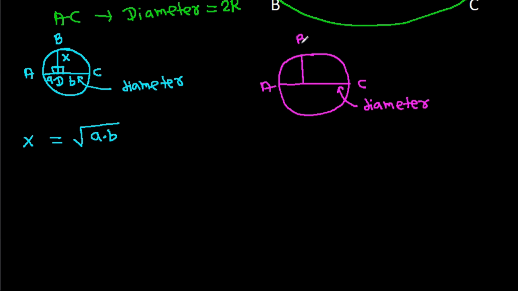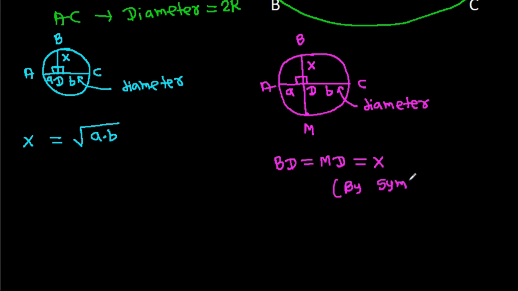and BD is perpendicular to AC, and BD is X, AD is A, CD is B, and if we extend BD to M, then BD, it will be equal to MD, that will be X, by symmetry.